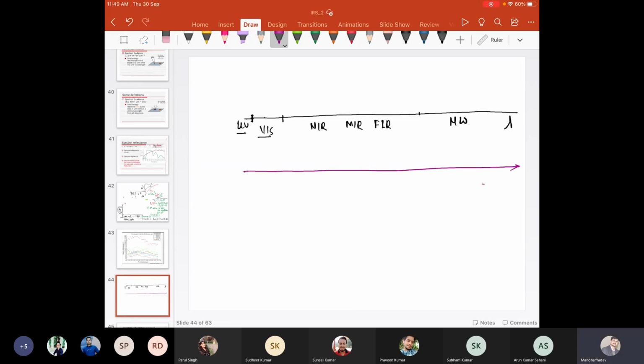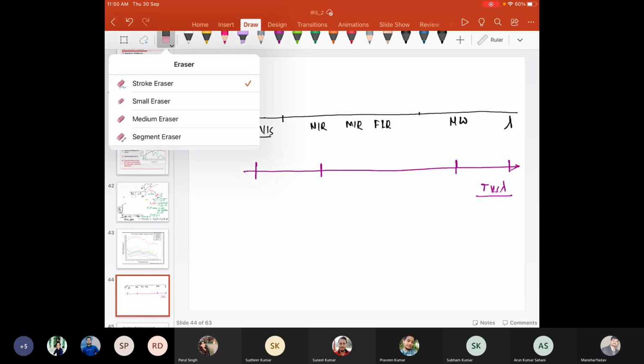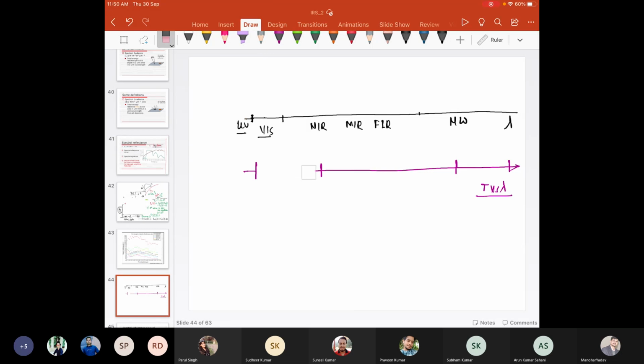With the help of the atmospheric transmission versus wavelength plot, we saw that the atmosphere allows only a certain part of the energy to pass through. I'm drawing a rough sketch.